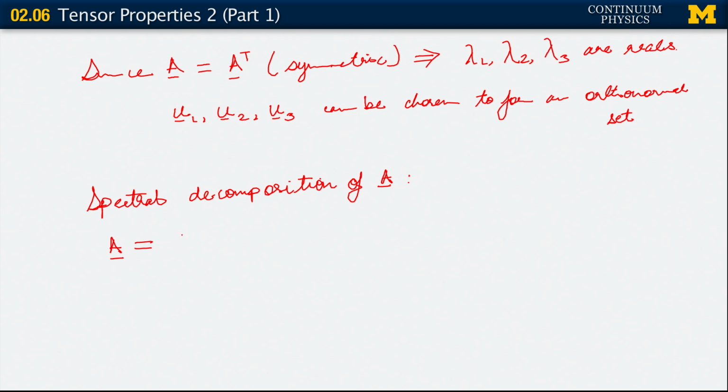A equals the sum, capital I going from 1 to 3, of lambda sub I u_i tensor u_i.